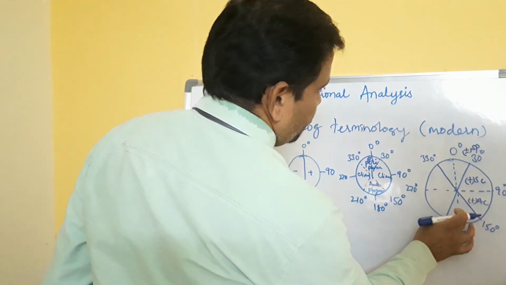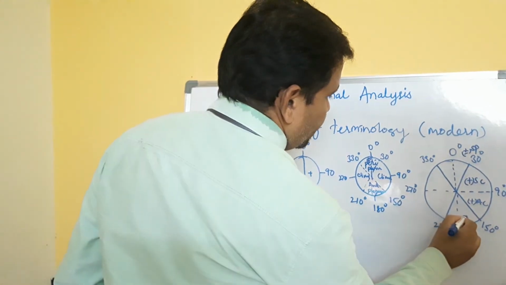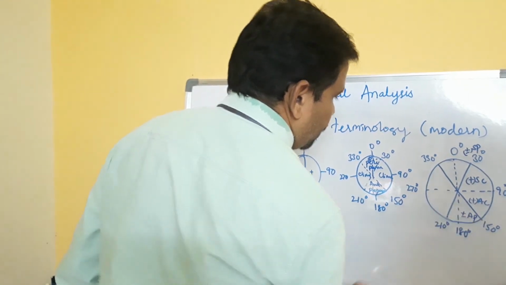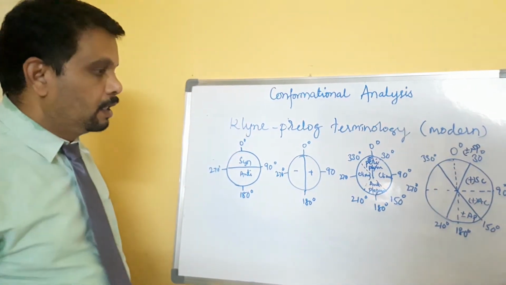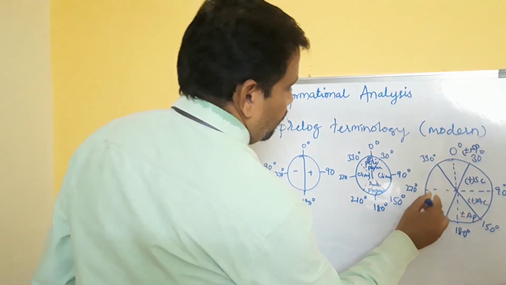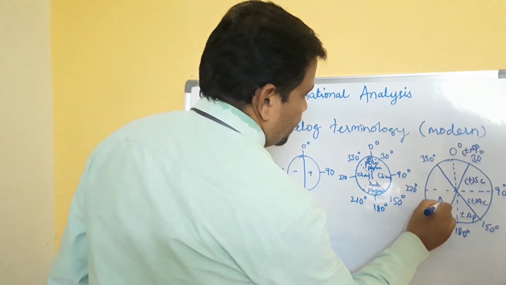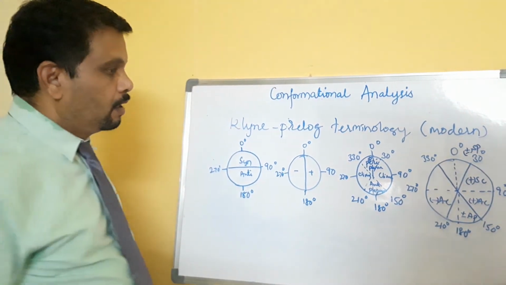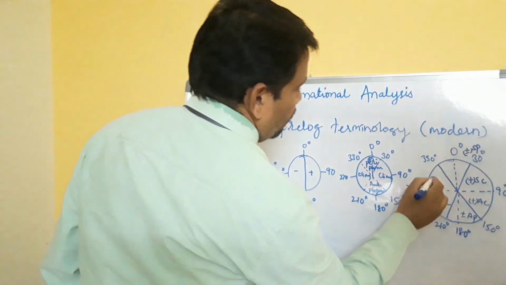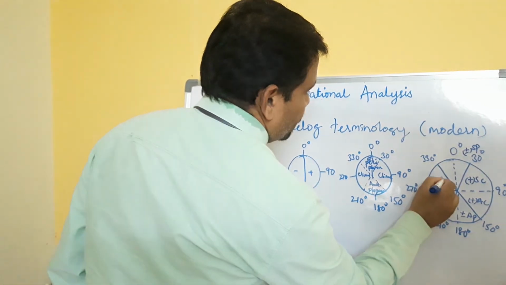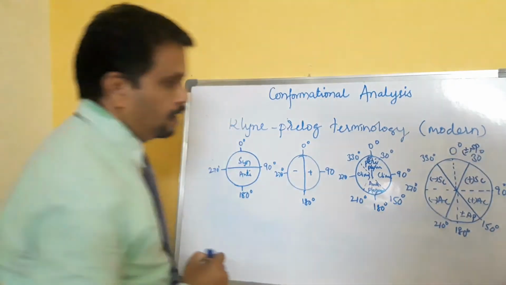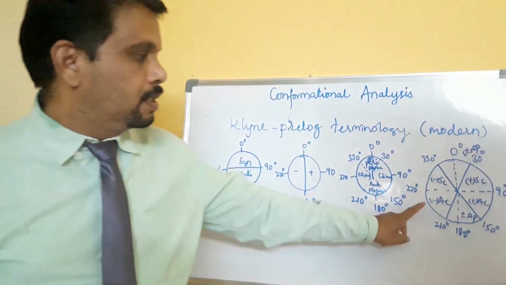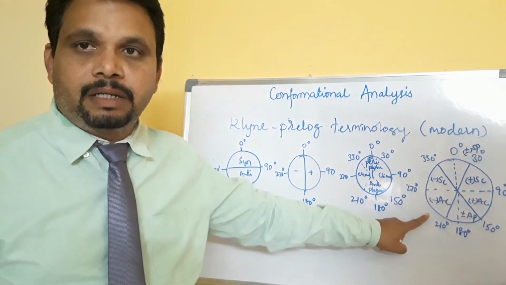What about here? Antiperiplanar, plus or minus AP. What about this? Minus AC, anticlinal. What about this one? This part is minus SC, synclinal. Okay. So this diagram you must understand.